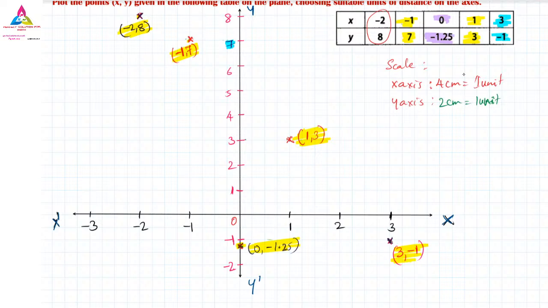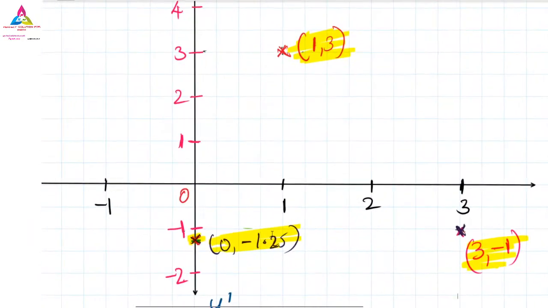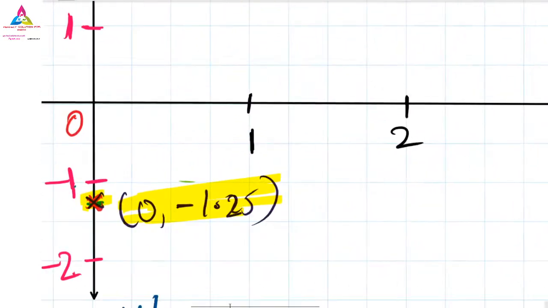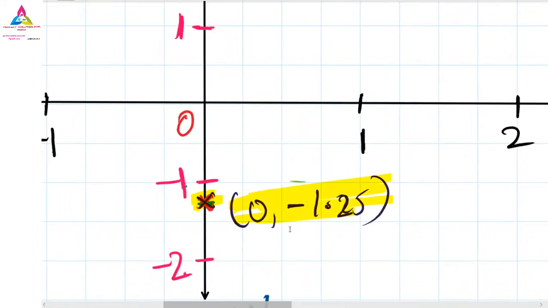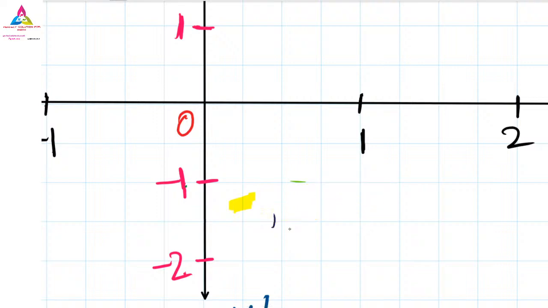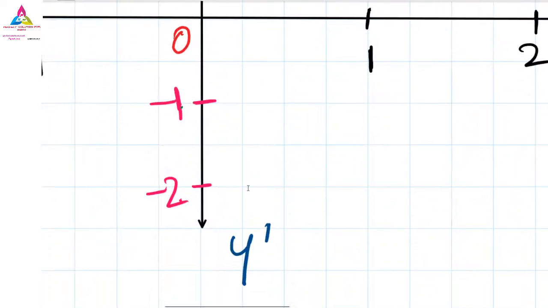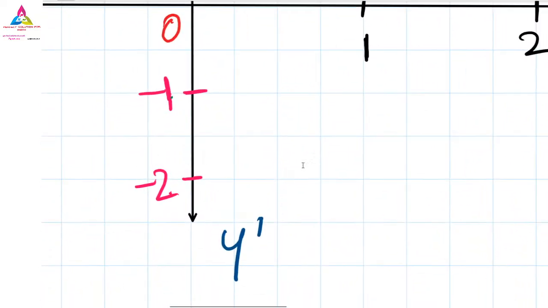Only one thing, how to find minus 1.25. That is the only doubt some students have. So if you want to know that, I will teach you. Listen here. This point I have elaborated, means I have zoomed it. All of you listen here. Okay, again I will zoom. Between minus 1 and minus 2 we will have several lines.